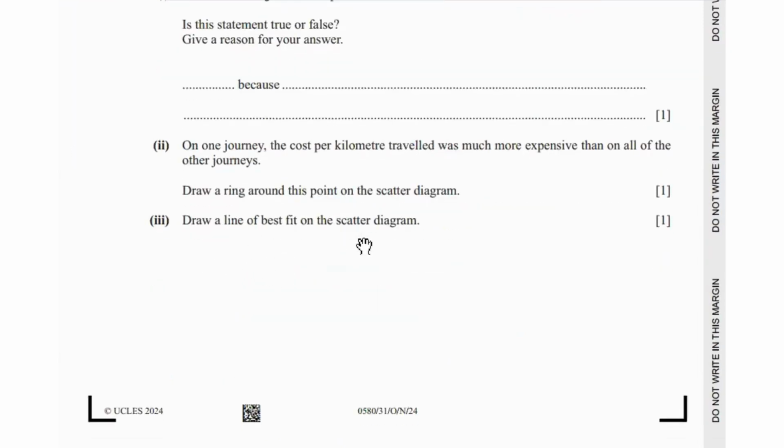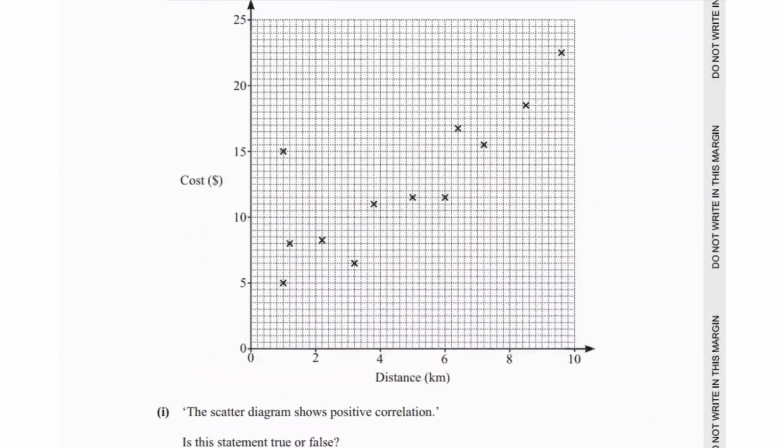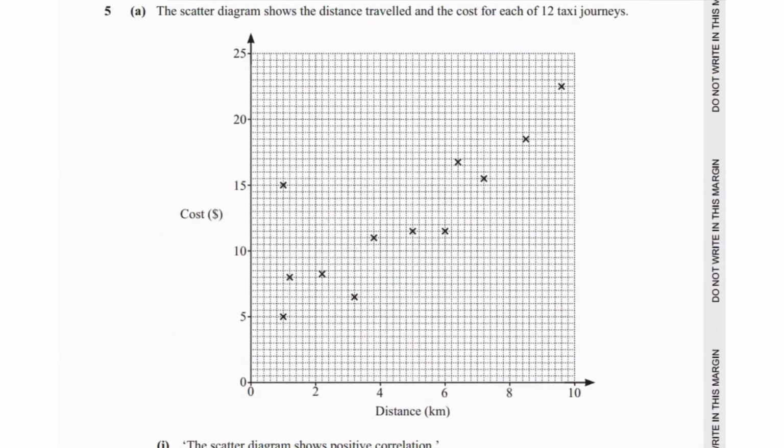Then it says draw a line of best fit on the scatter diagram. So for the line of best fit, we're going to pick that set of points that gives an equal number of points above and below the line. So if you pick this, we have 1, 2, 3, 4 points above, 1, 2, 3, 5 below. I think that's fair enough, yeah.